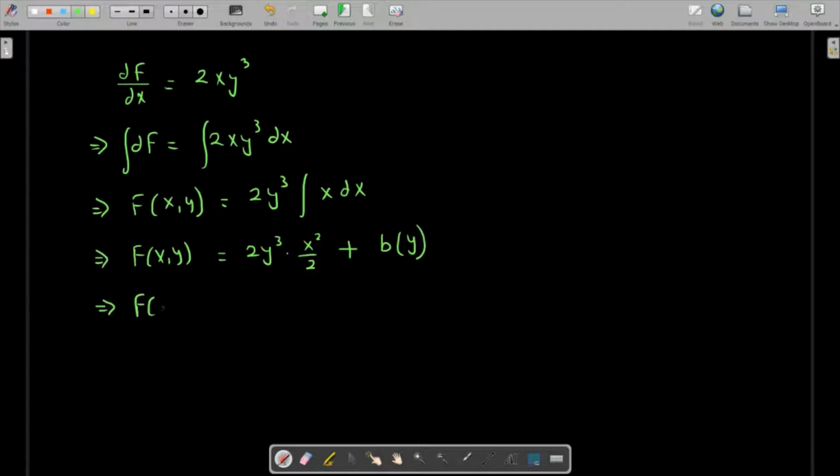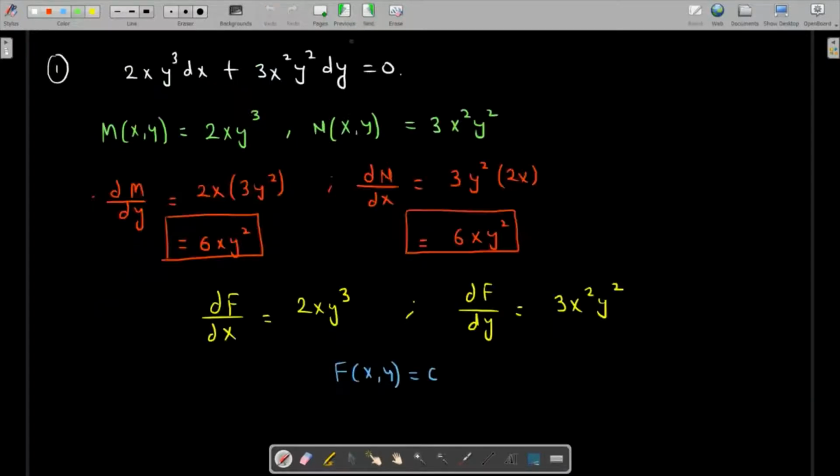So finally, we are going to get f(x,y) as, this 2 and 2 gets cancelled, and we are left with x squared y cubed plus g(y). But we cannot leave the answer like this because we got to find the value of g(y). So we are going to use the other equation now, since we are also given that df over dy is 3x squared y squared.